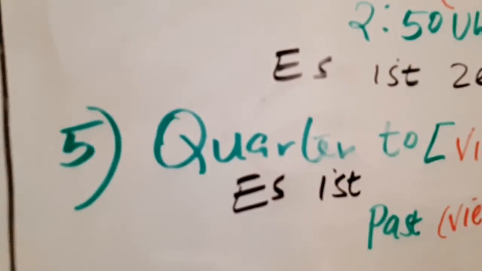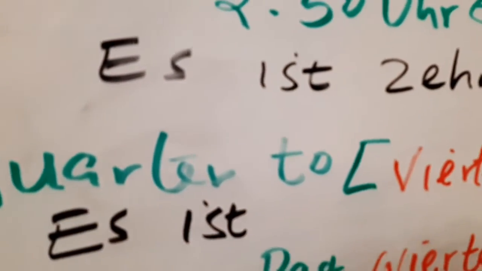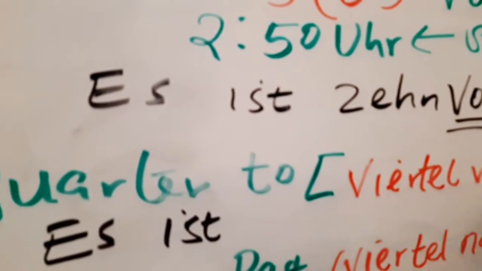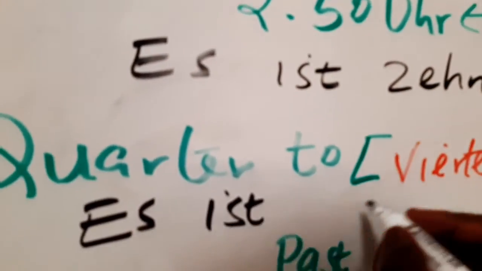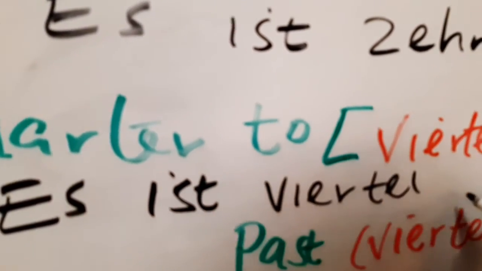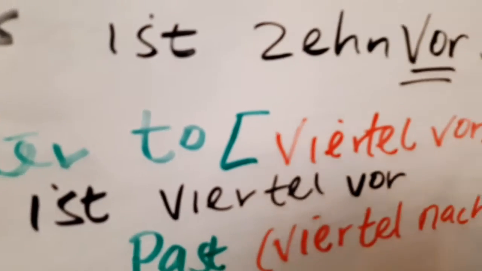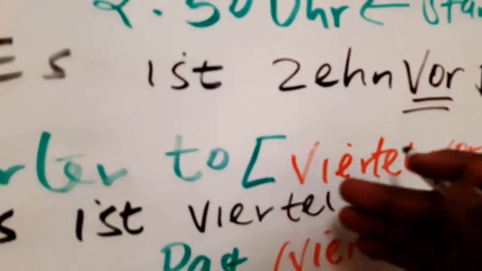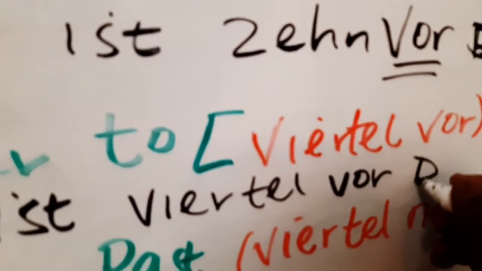So what are you going to start here to write? You will not have to write the minute number because Viertel will stand for it. So es ist Viertel vor, then how many minutes to, so the next hour will be drei.